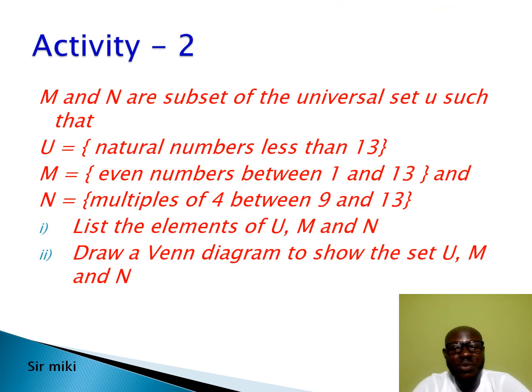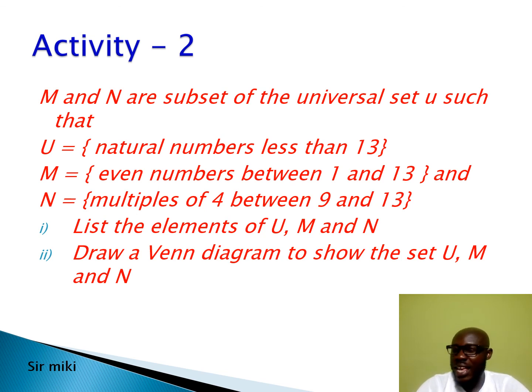Activity 2. How do we solve this question also? M and N are subsets of the universal set U such that U equals curly bracket natural numbers less than 13. M equals curly bracket numbers between 1 and 13. And N equals curly bracket multiples of 4 between 9 and 13.